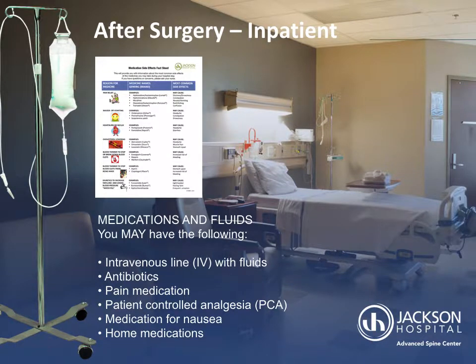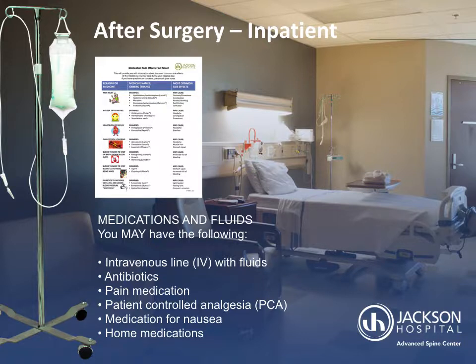You may receive the following medications and fluids while in the hospital: intravenous IV fluids for hydration, antibiotics to help prevent infection, pain medication given in your IV, by mouth, or as an injection, a patient-controlled analgesia pump or patient-controlled pain pump, medications for nausea and muscle spasm, and your routine home medications.